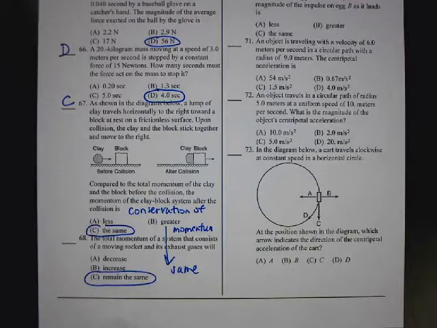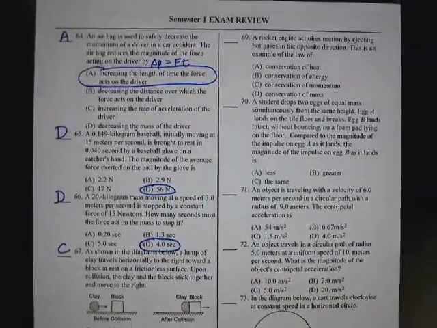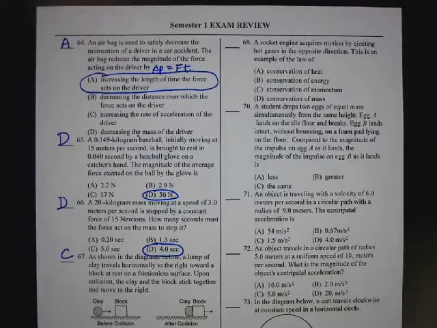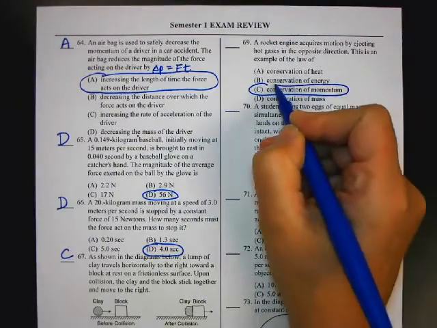All right, let's look at number 69. Number 69 says a rocket engine acquires motion by ejecting hot gases in the opposite direction. This is an example of, again, conservation of momentum.